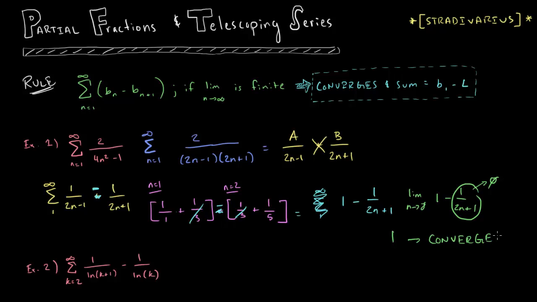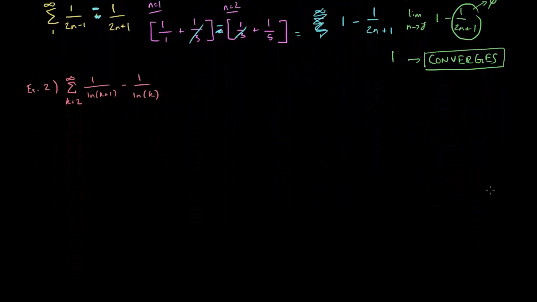So that's that one. And now we're going to go to a little bit less difficult problem, but this is your jungle trial 2 number 1. For this one, I'm just going to immediately start plugging in terms. If I plug in a 2, I'm going to have 1 over ln of 3 minus 1 over ln of 2. That's for n equals 2.